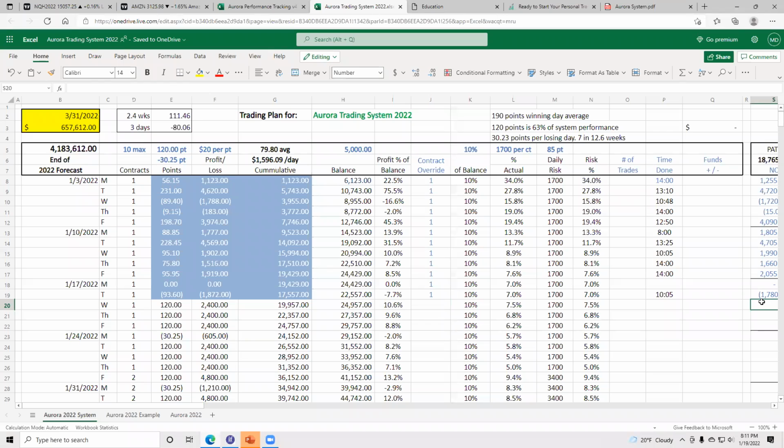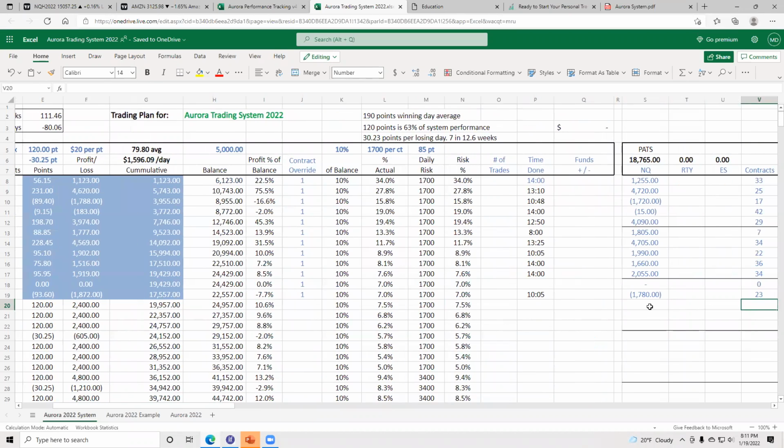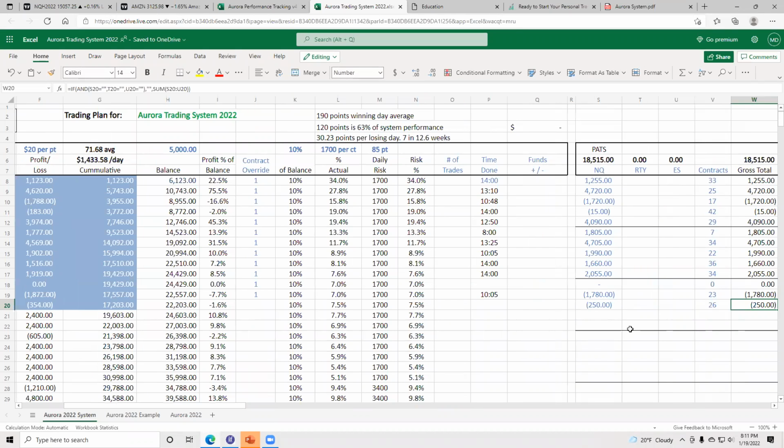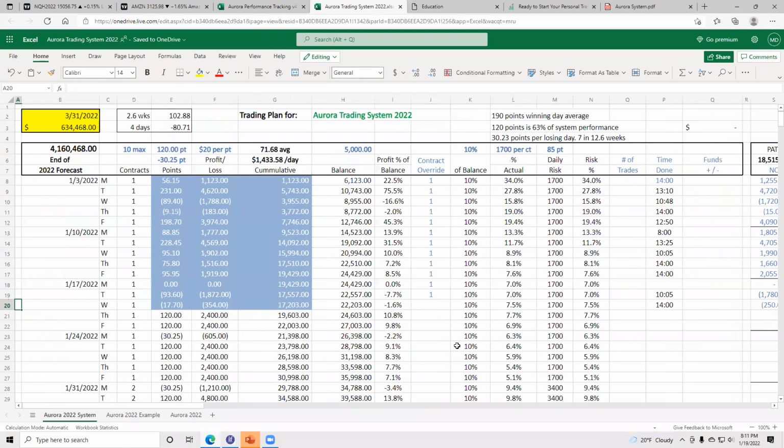So I'm going to go over here and put in down 250, 36 trades. There was no PATS today because we never got to 100 points of profit today.